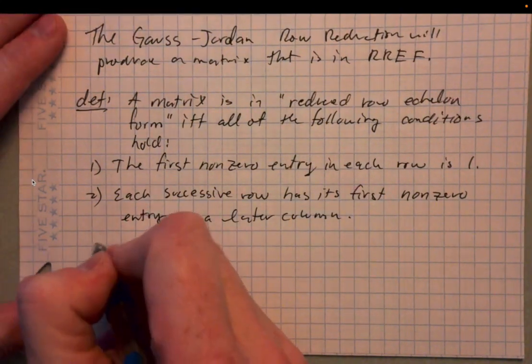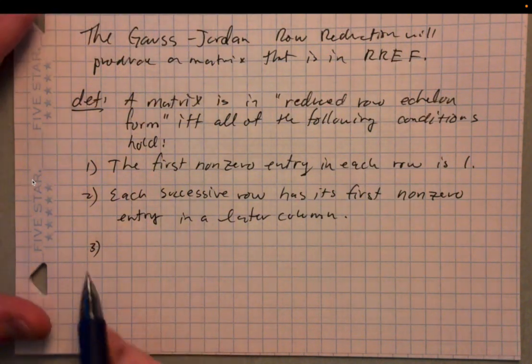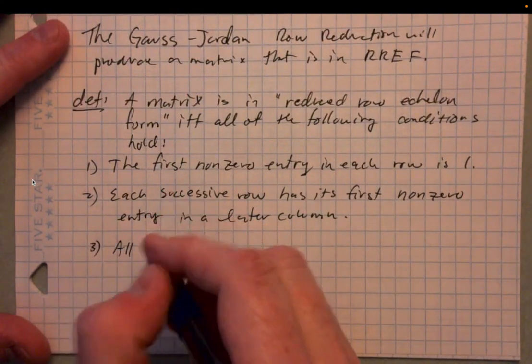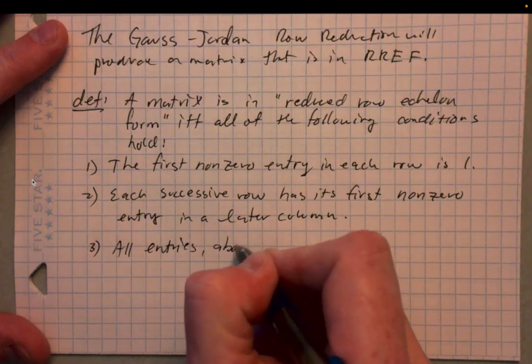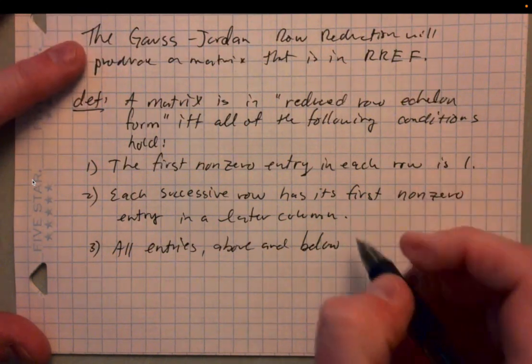What about item 3, condition 3? All entries above and below the first non-zero entry of each row are 0. So this is the Gauss-Jordan reduction piece.